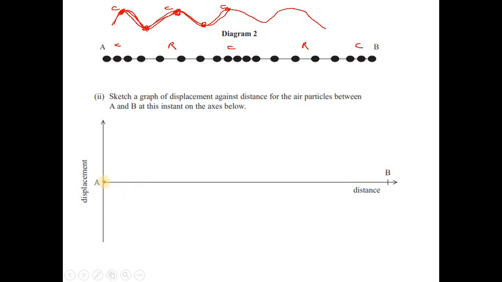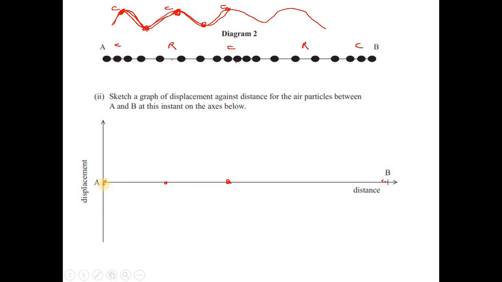Let's suppose starting from here, and this is just for your understanding, here another compression, this is the rarefaction, and then compression is at B. So you need to make two complete waves till B. From this C to this C, there should be one wave.